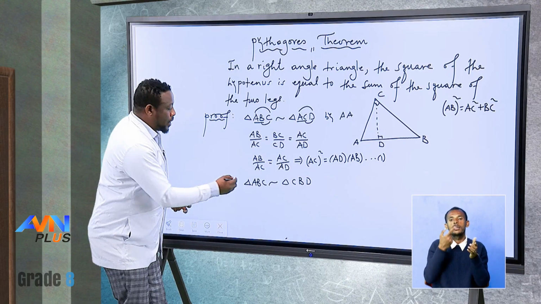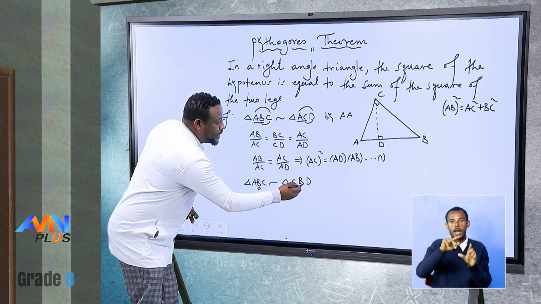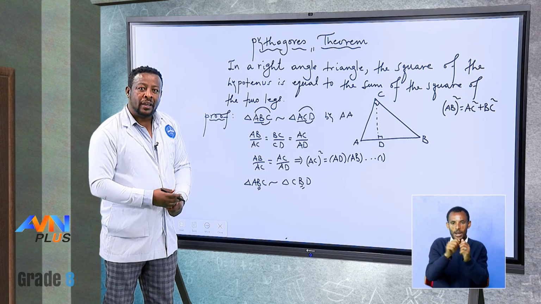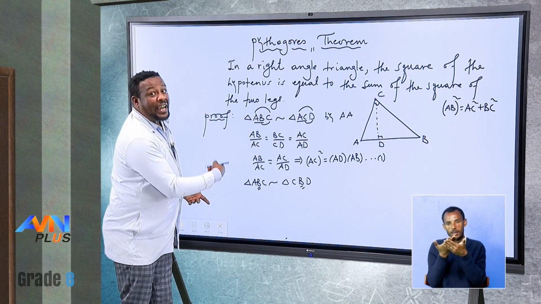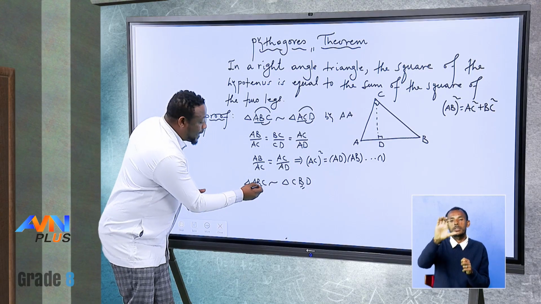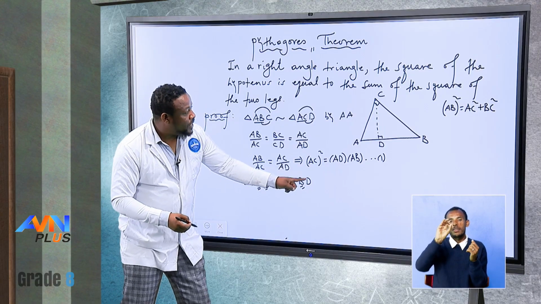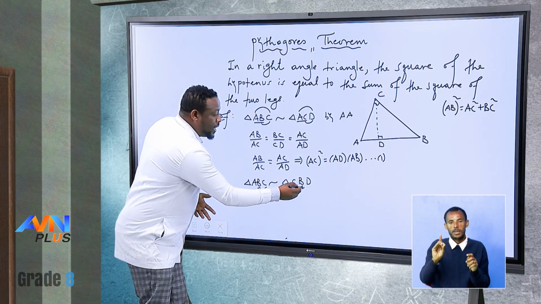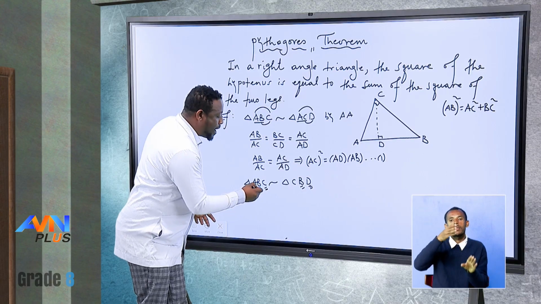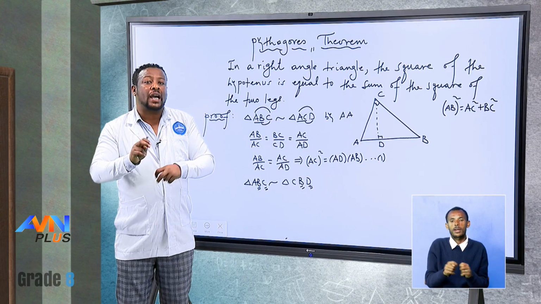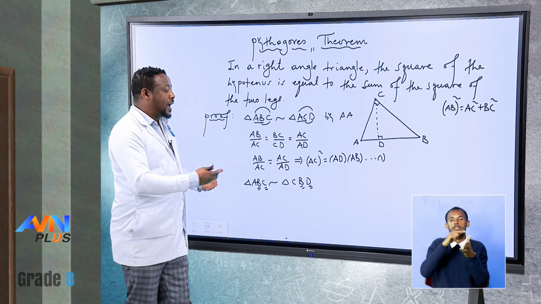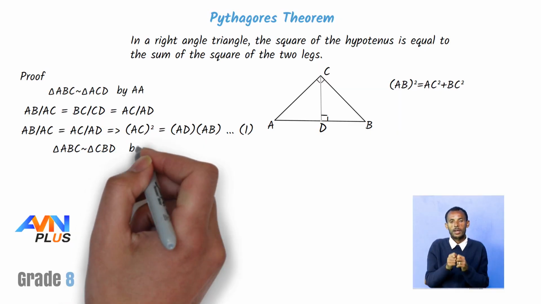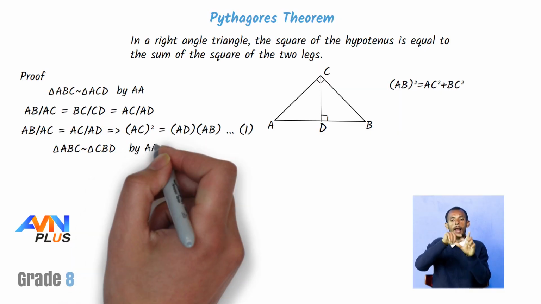Angle B is their common angle. The other thing is triangle ABC forms 90 degree at C, and triangle CBD forms 90 degree at D. So these two triangles have two congruent angles.